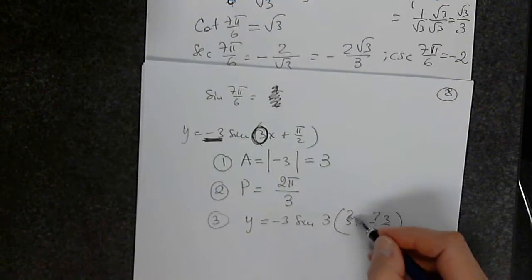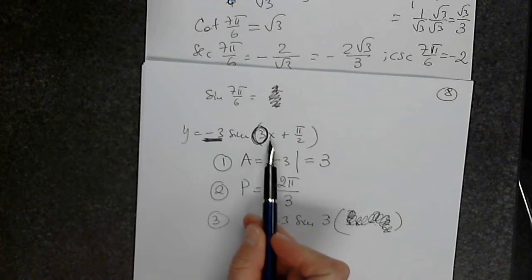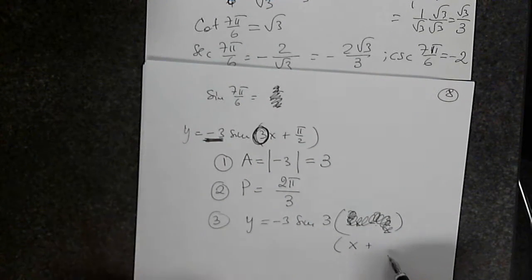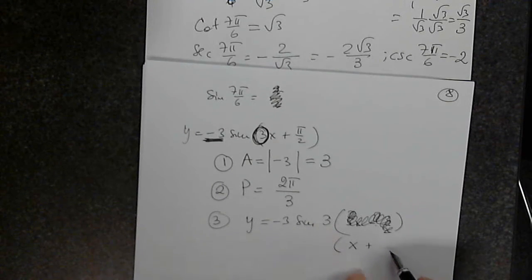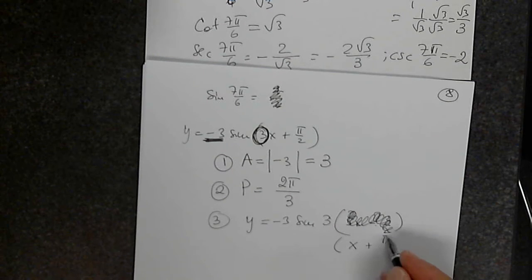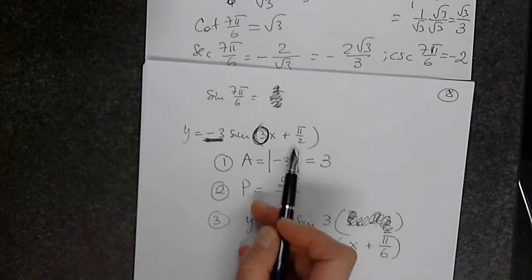So when I pull out a 3 from 3x, in parentheses I have an x, but I have to put something here such that when I multiply it by 3, I get pi over 2. So it must be pi over 6. So 3 times x is 3x. 3 over 1 times pi over 6 is pi over 2.